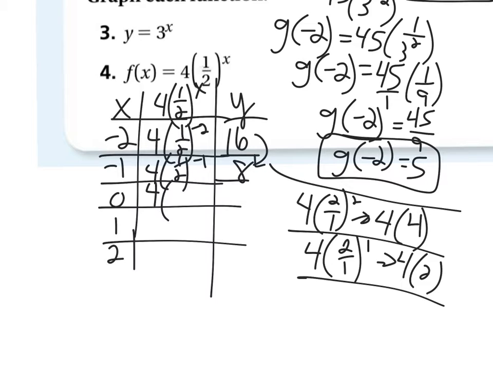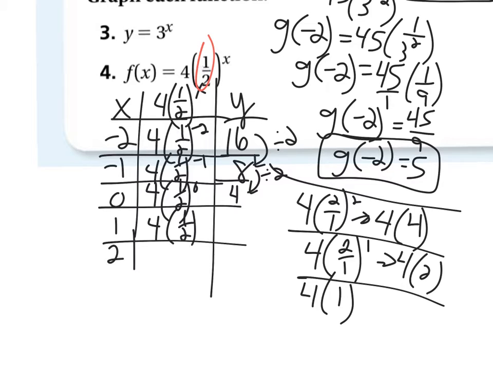So I encourage you to still work through them, but you can look for that pattern to kind of verify you did these correctly. Anything to the 0 power, so half to the 0 power is equal to 1, so 4 times 1 is 4. Okay, in other words, if you notice, each of these is dividing by 2 or multiplying by half, which actually is our base here, you might notice.